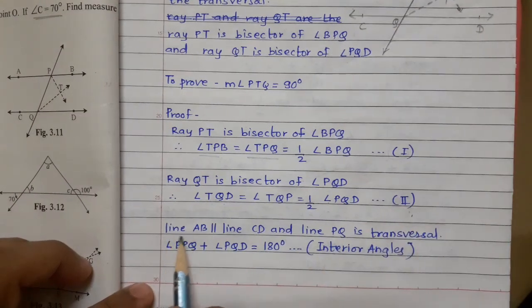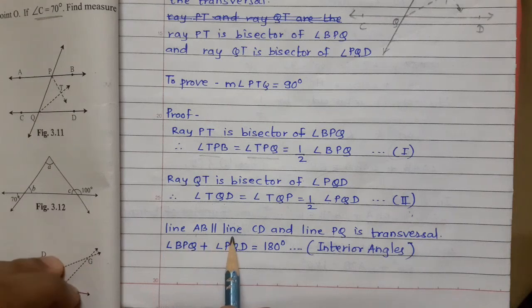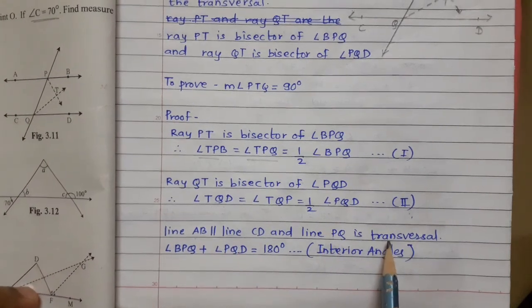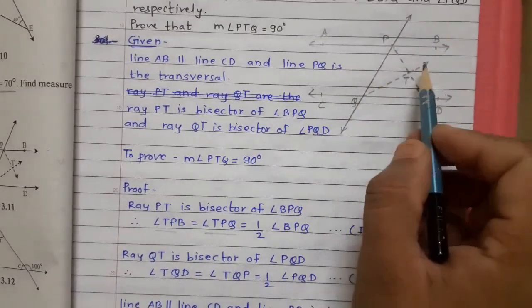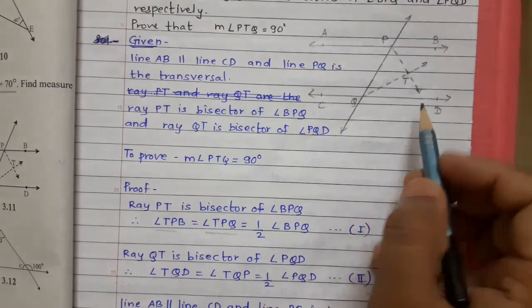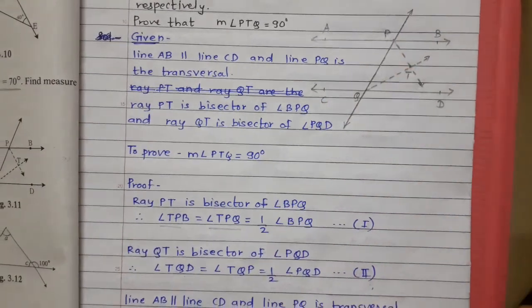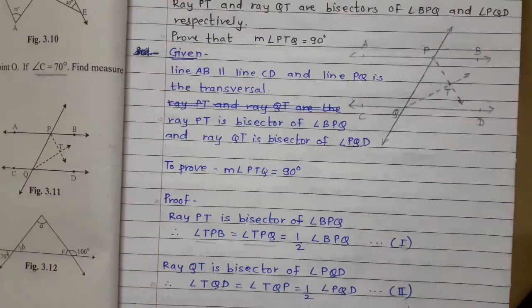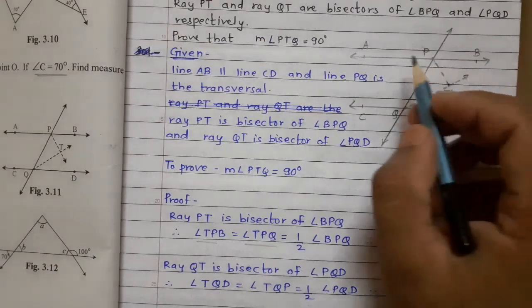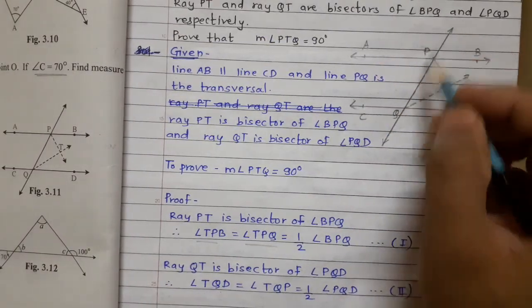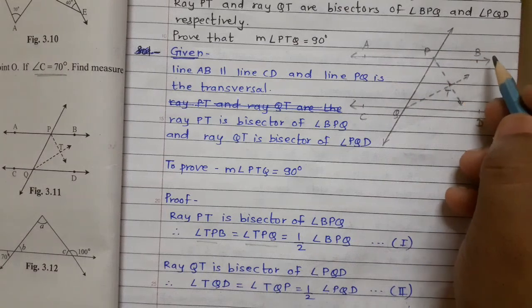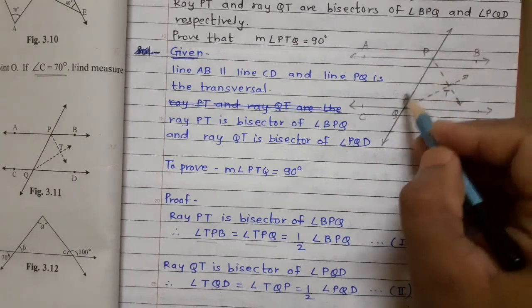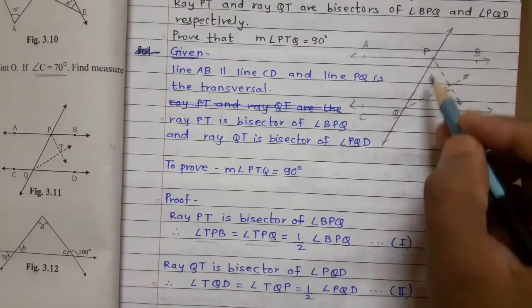Now line AB is parallel to line CD and line PQ is their transversal. So here two lines are parallel and one is their transversal. Then we have angle BPQ and angle PQD.